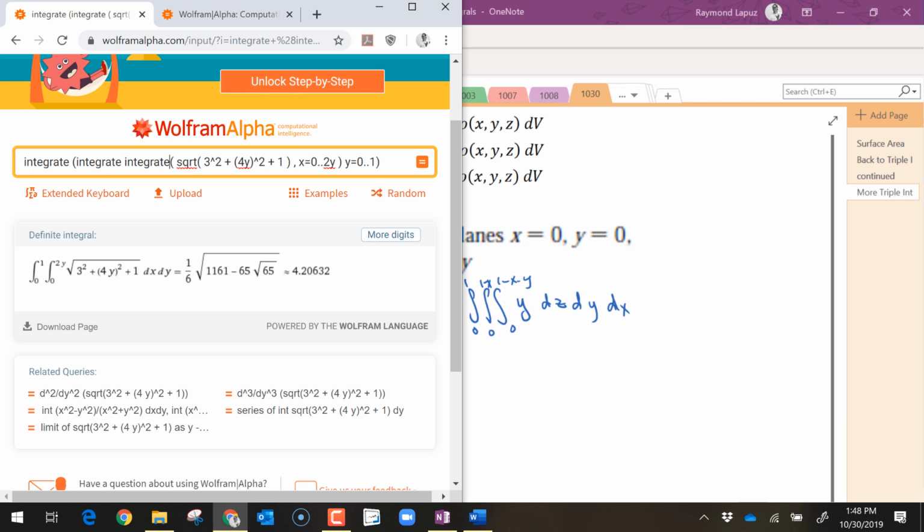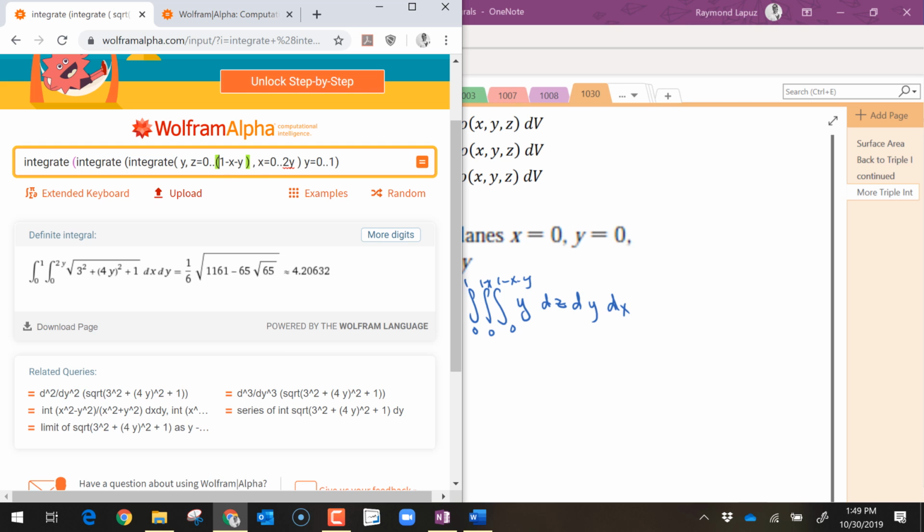I'm going to lose track of parentheses here. The inside for the first one is just y. And we're integrating with respect to z from 0 to 1 minus x minus y.